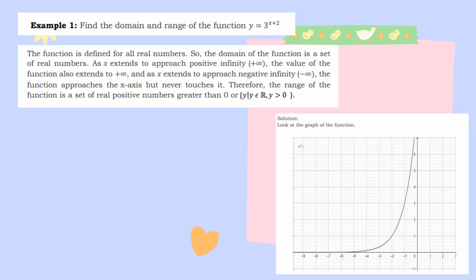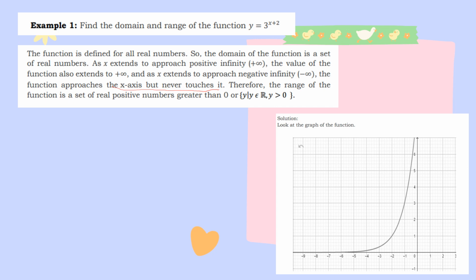So, kung i-graph natin yan, ganyan ang graph niyan. So, we have this graph. For any values of x, it will just extend upward. And as x decreases, the value of y will just approach the x-axis but never touch it.